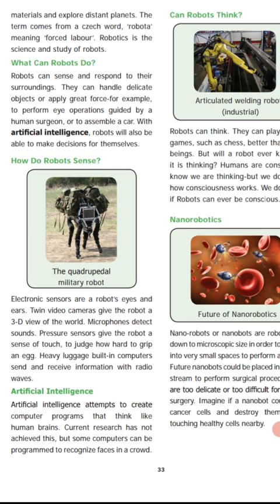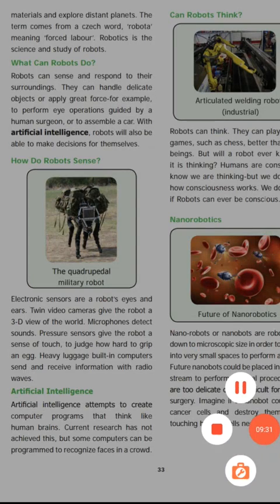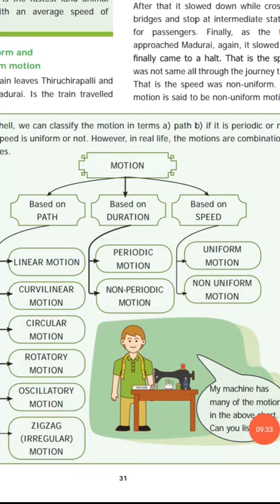Nanorobots are robots scaled down to microscopic size in order to put them into very small spaces to perform their functions. Future nanorobots could be placed in the bloodstream to perform surgical procedures that are too delicate or difficult for standard surgery. Imagine if a nanobot could target a cancer cell and destroy it without touching the healthy cells nearby.